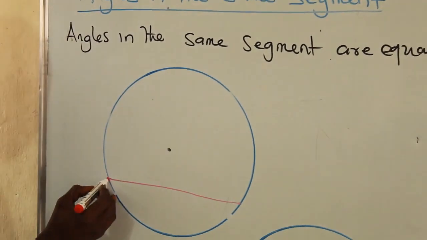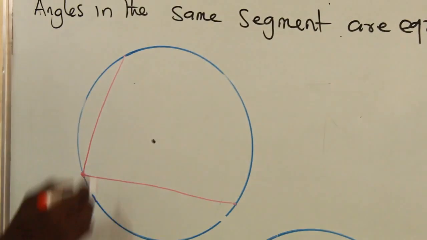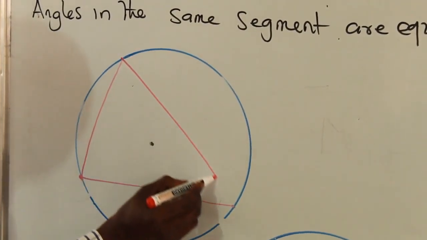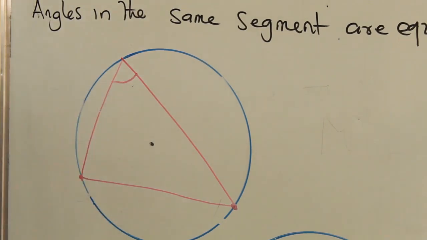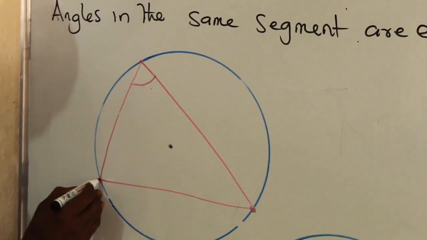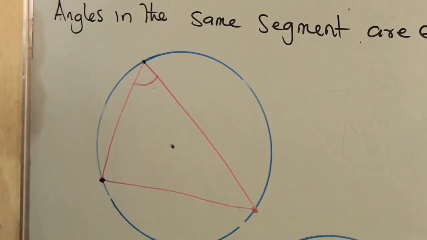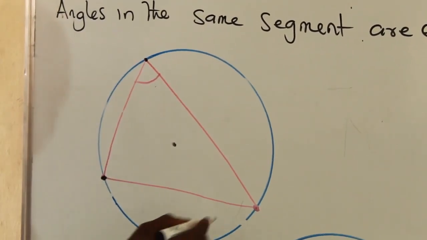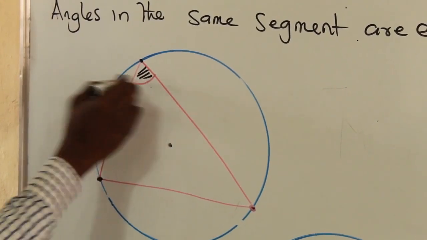If a line is drawn from one end of this chord to touch the circumference of the circle and come back to the other end of the chord, an angle is formed here.